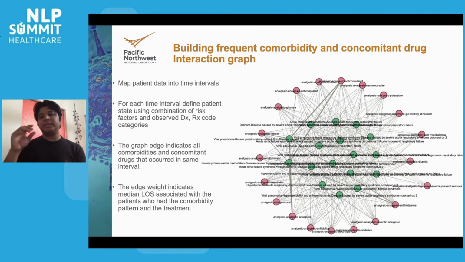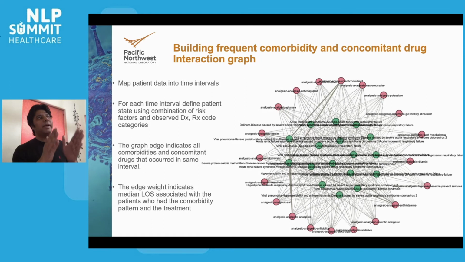And then we could assign edge weights to this graph, to understand the median length of stay for the patients who had that problem and who received the treatment. What this allows us to think about is a patient with a given comorbidity pattern. Think about looking at a green node in this graph. All the pink nodes associated with the green node basically say people who had that comorbidity had all these different treatments.